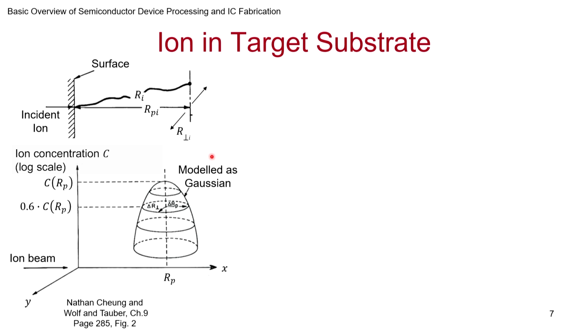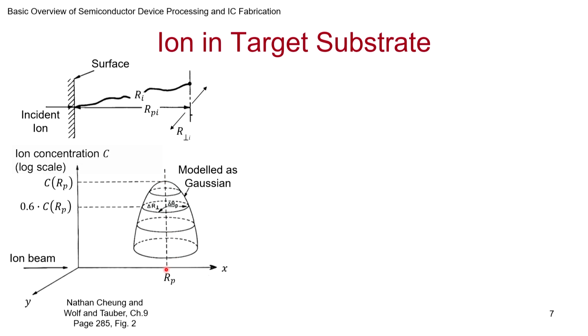So once it is done, you expect, of course, this is a simplification, and you start off with simple models, right. You assume it is a Gaussian. So if you are plotting this in log scale, it will end up becoming something like this. You will find that this is a paraboloid, if I may say so. You may find that the peak of the concentration will be at Rp, the average.